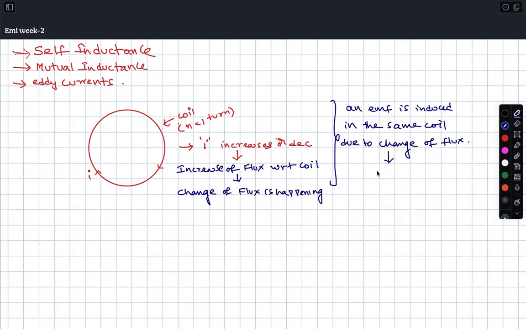And this phenomenon is called self-induction.